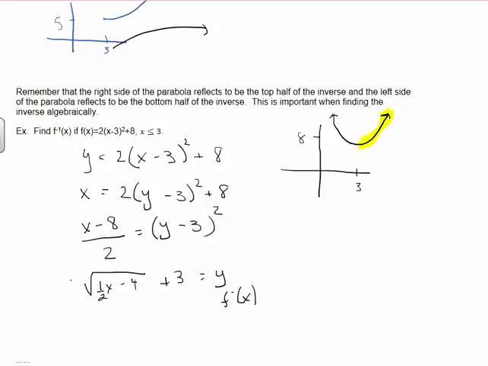What we have to keep in mind though, here this is the plus and minus of that, because when you square something, it doesn't matter if it's positive or negative, it will still get you the same solution. So that can be positive or negative.